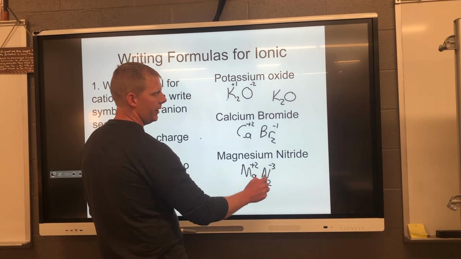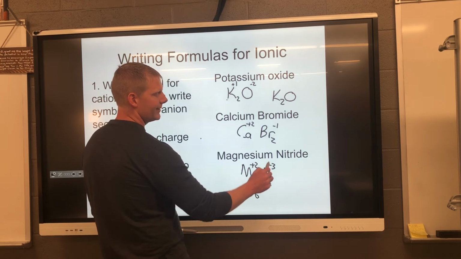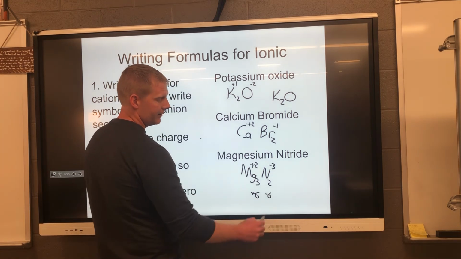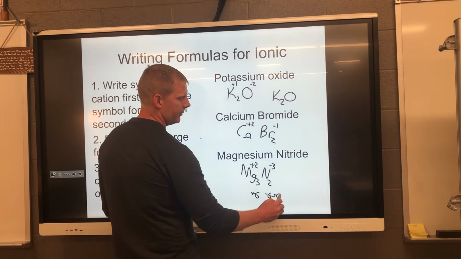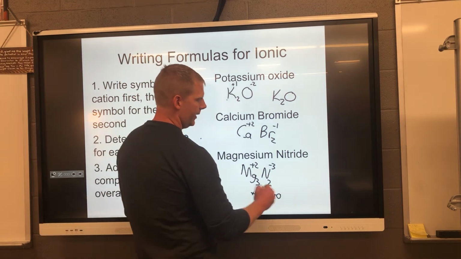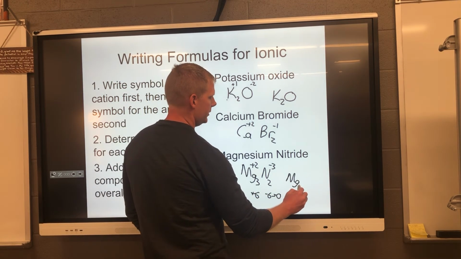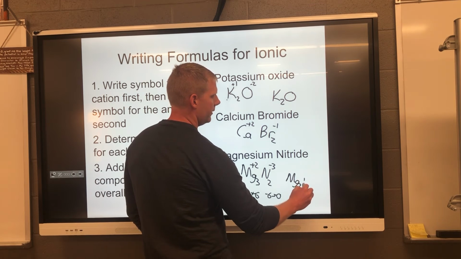If I have 2 atoms of nitrogen, each one has a negative 3 charge, that's going to give us negative 6 charge. So again, they equal out to 0, and that's how we know we have it correct. So my formula is Mg3N2.